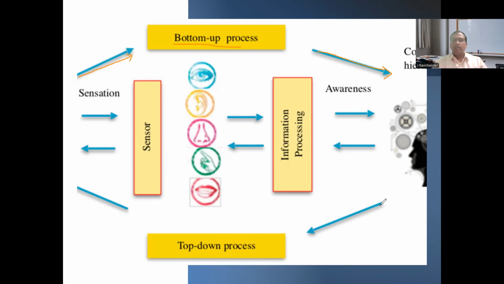In the top-down process, based on our experience or information processing, we can identify things. That is the difference between the bottom-up process and the top-down process.